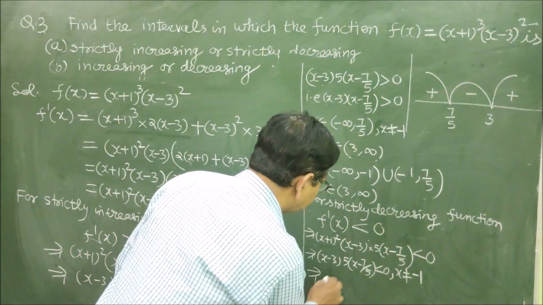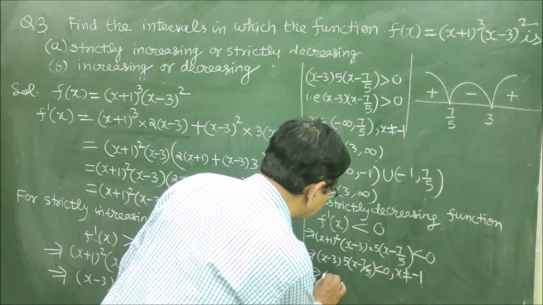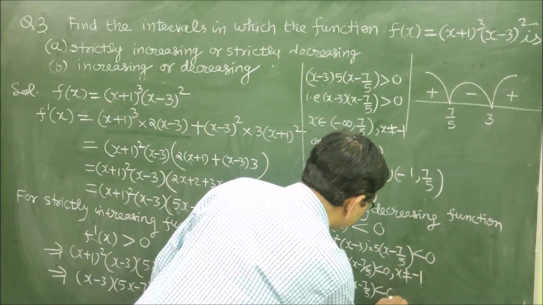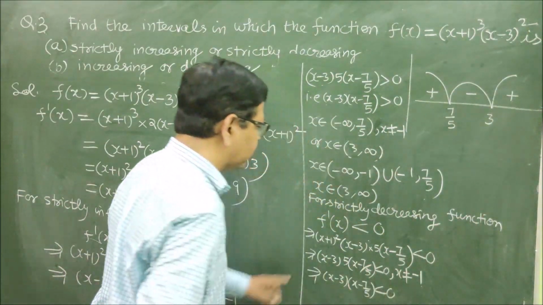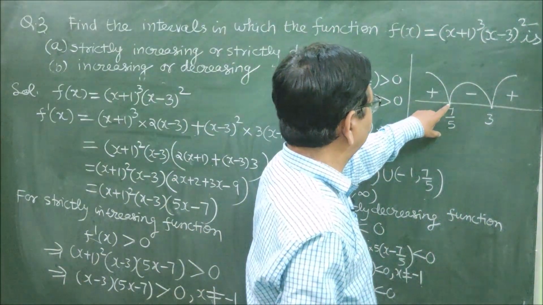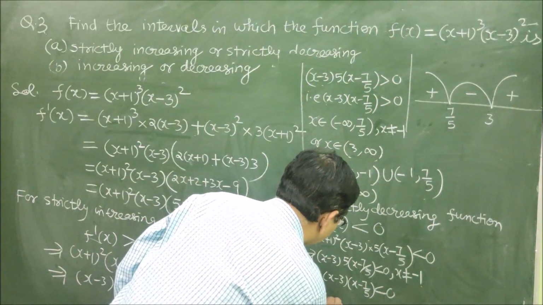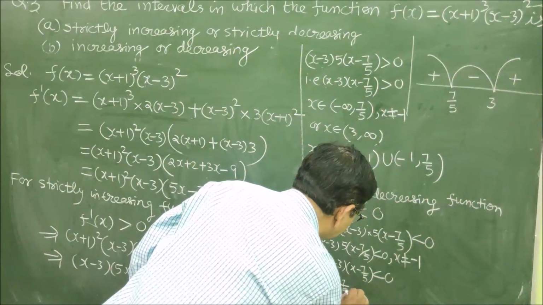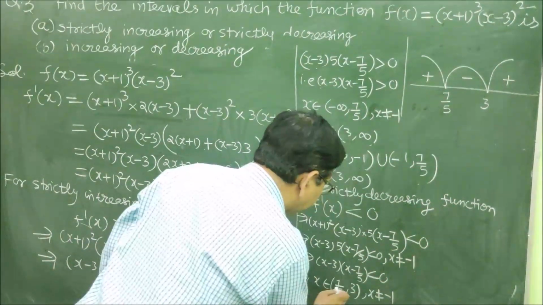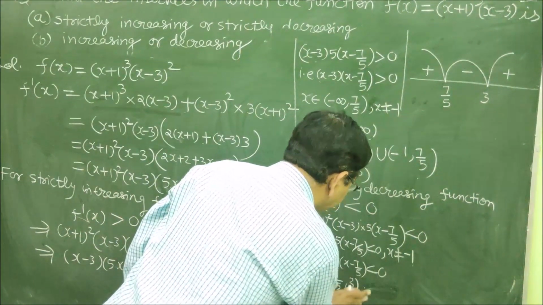Here 5 is positive, so positive into this, the other expression (x − 3)(x − 7/5) should be negative. That is plus into minus, which equals minus. Now this expression is negative if x lies between 7/5 and 3, when x belongs to (7/5, 3), x not equal to −1. The point −1 does not fall in this interval, so it does not affect the result.